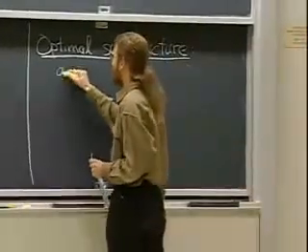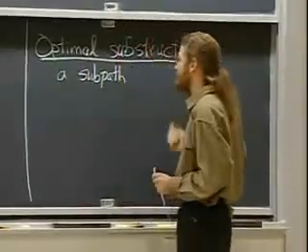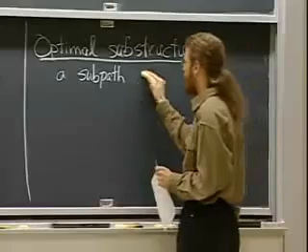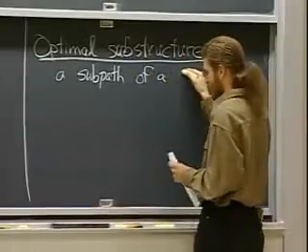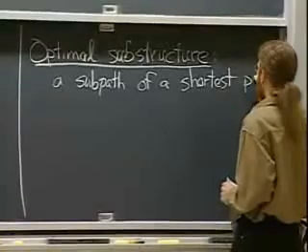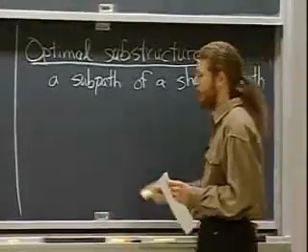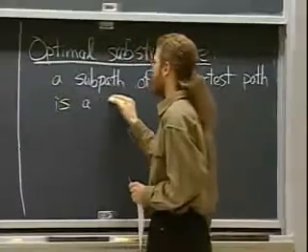It's a pretty weak statement, but it's something that you should check. It's definitely pretty much a necessary condition for dynamic programming to make sense. And so optimal substructure here means that if I take some shortest path and I look at a subpath of that shortest path, I claim that it too is a shortest path.